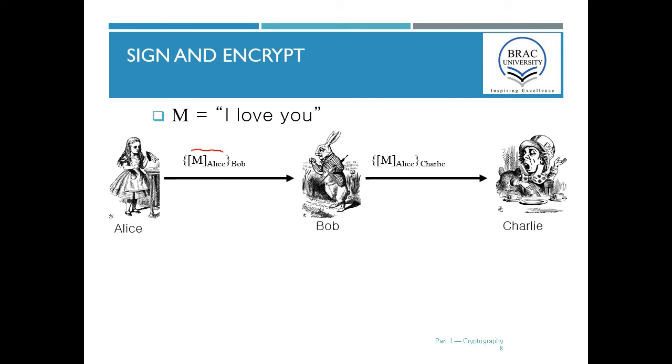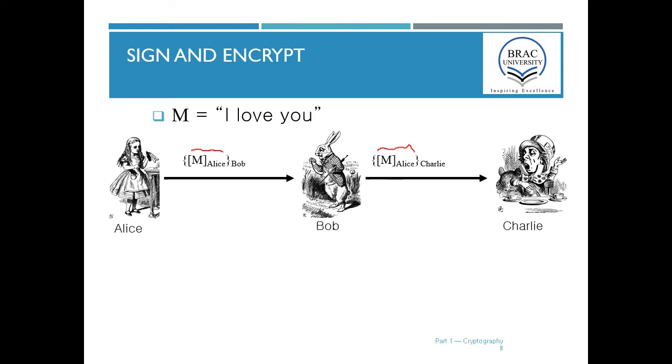What did Bob do? He used his private key to decrypt that message, since it is encrypted with Bob's public key, and obtained the signed message from Alice.